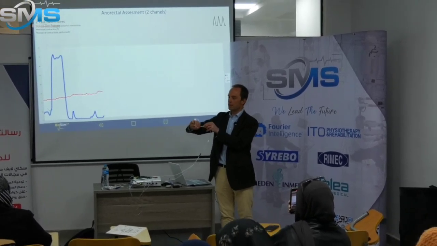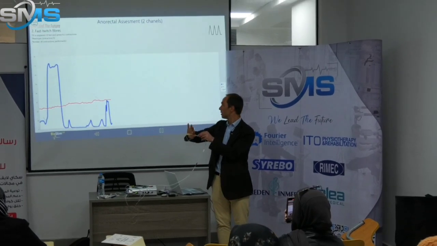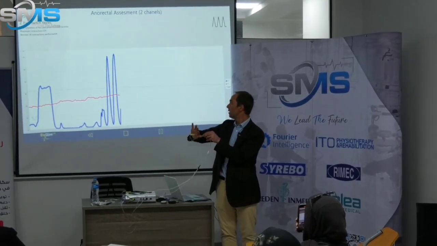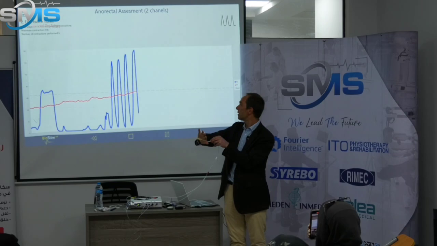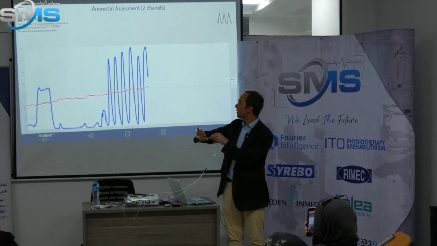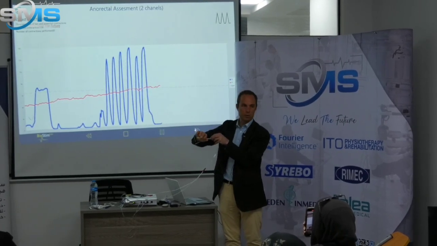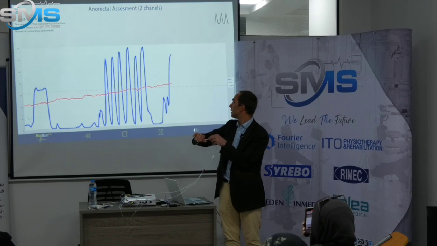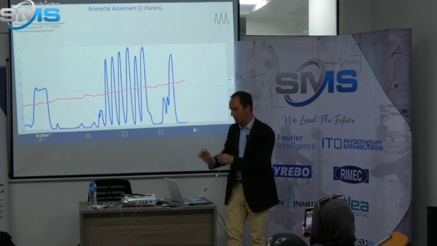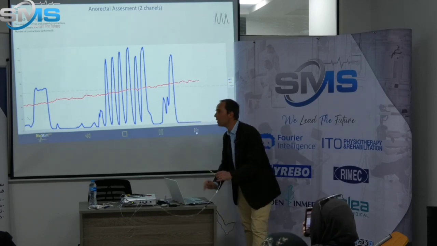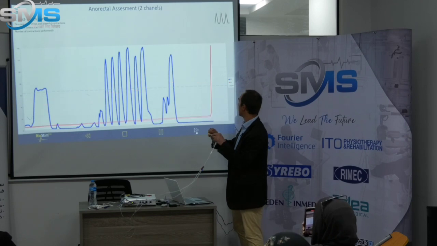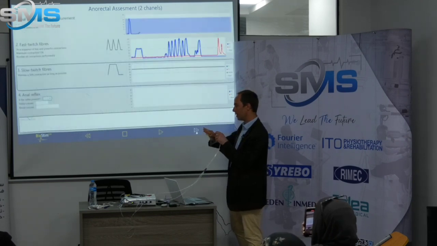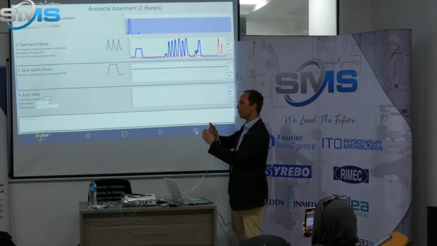Here is my rectum inside. Here is my sphincter. You see, I can work on my sphincter. We can check here that my fast fiber twitches are working correctly. That's important, exactly the same as we did before. What is the red line? The red line is your intra-abdominal pressure, the pressure inside the rectum.